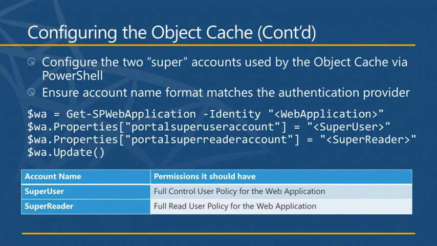So there's two of them. There's the super user account, which is effectively the administrator in this case. This is going to be the guy that checks for cache invalidation and so on. And then there's a reader account, which is the one that's going to retrieve items from the cache. And so the PowerShell on the slide there shows us we grab the web application that's hosting our site collection, and then we configure a couple of properties on that web application with the account name for each of these.